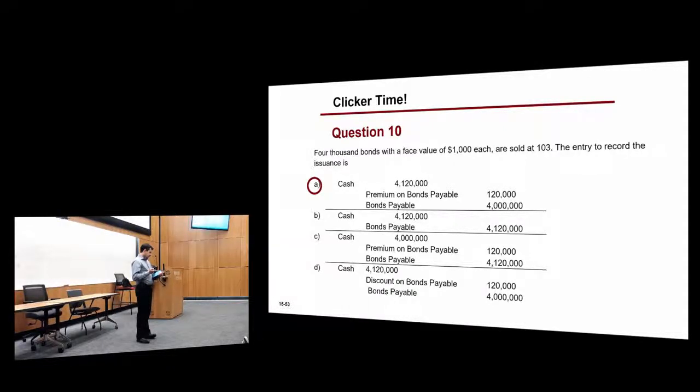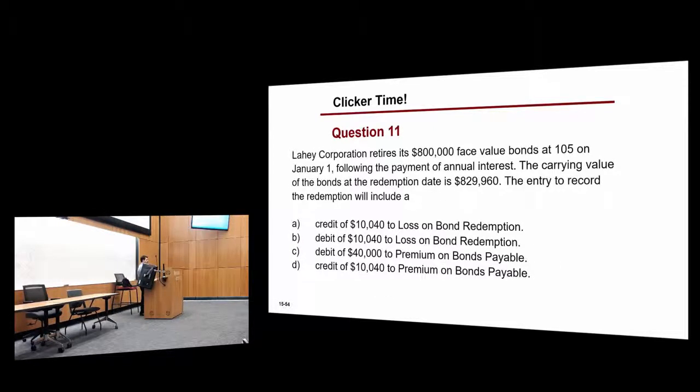In this case, answer C does not work. So debits and credits do not match. This has to be a clear indication that this is not the correct answer. Now for this question, or questions like this, first you need to try to actually write the journal entry.